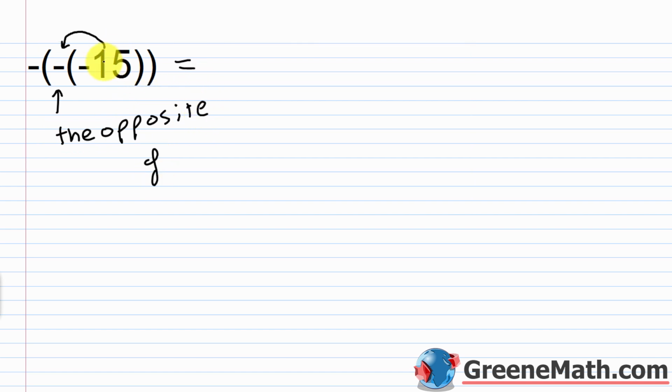Well, it's 15, right? Just change the sign. So contained in these parentheses, I would just get 15 as a result. So I'd have this negative out here, asking for the opposite of, and then inside parentheses just a 15.